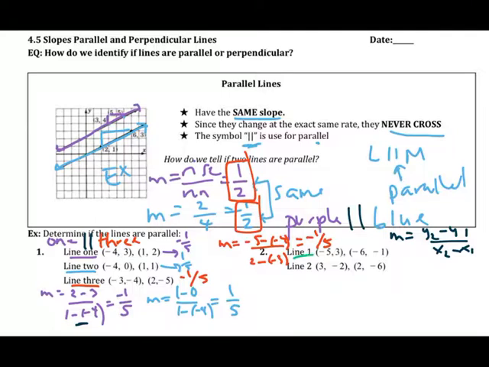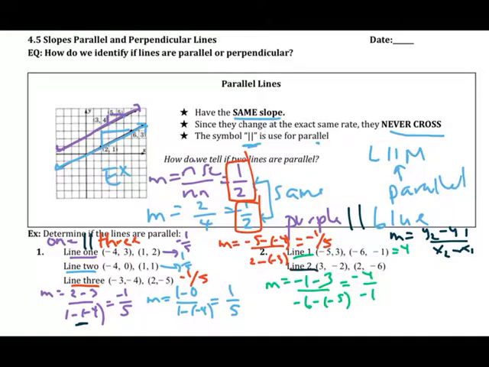Looking at number 2, I'm going to use green for this first line. So m equals -1 minus 3 over -6 minus -5. This is going to give me -4 over -1, which is 4. So my green slope is just going to be 4.